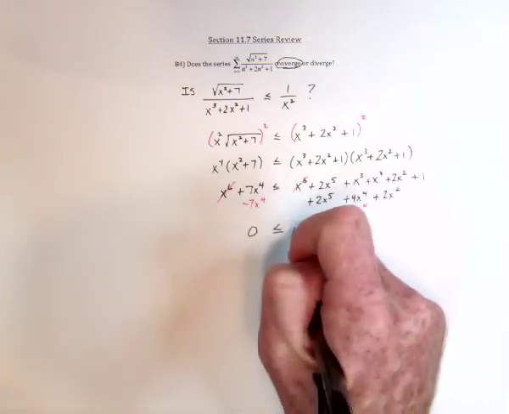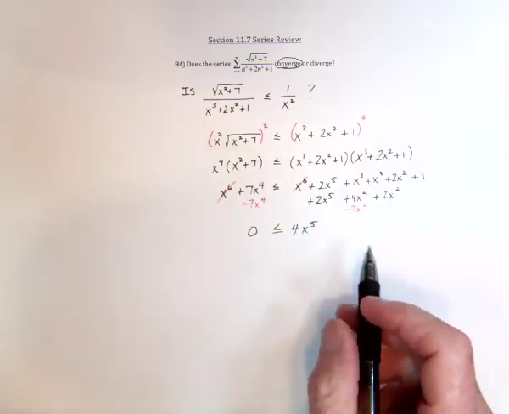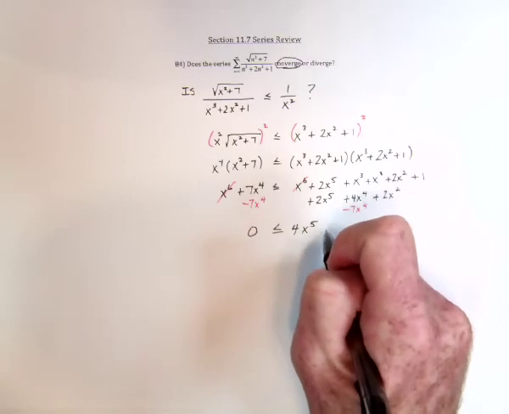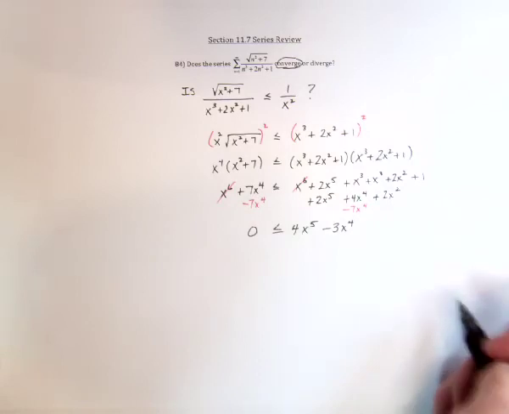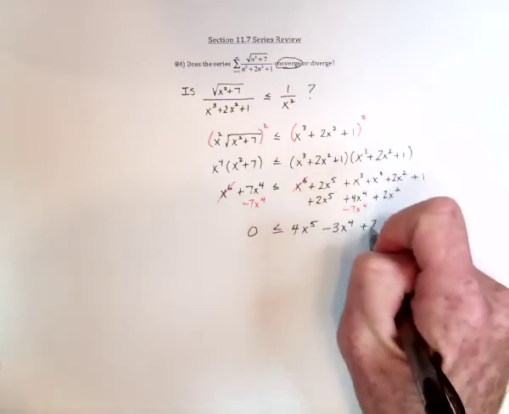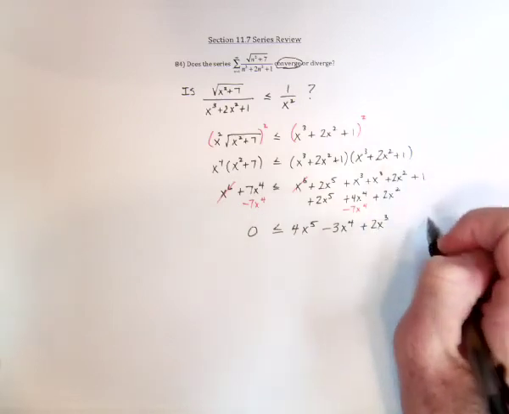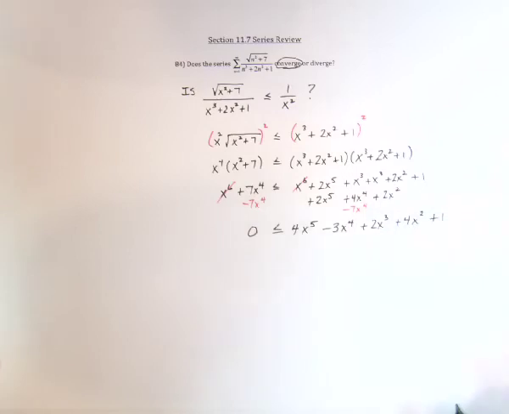We've got positive 4x to the 5th. For our x to the 4th, we've got negative 3x to the 4th. For cubes, we've got 2 of them. And for squares, we've got 4 of them. And then there's the number plus 1.